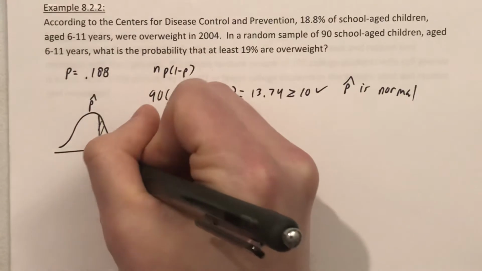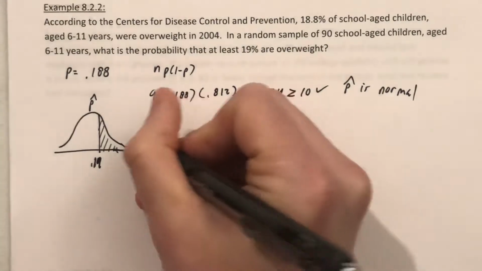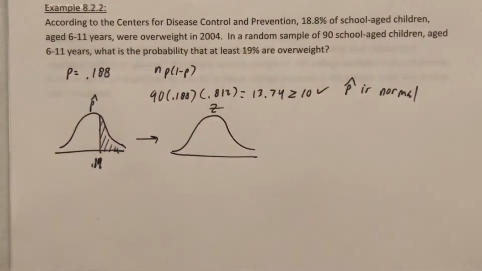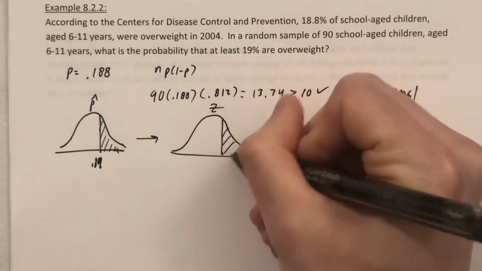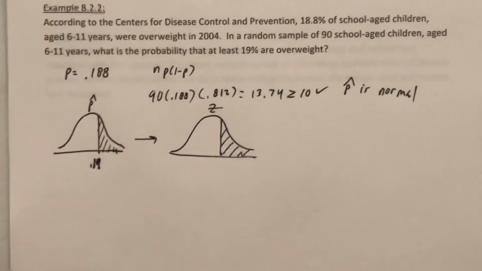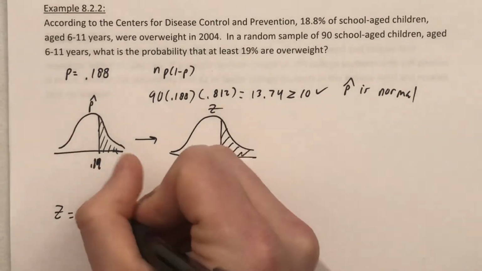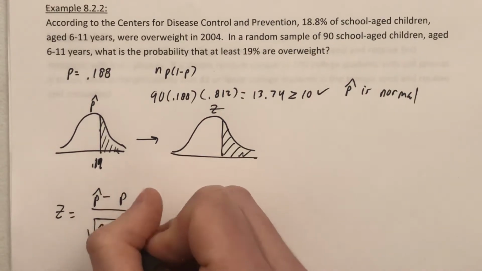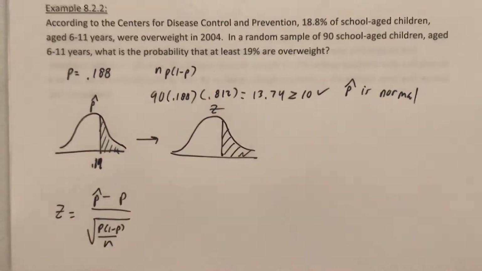So at least 19% will look like that, and now we can take that picture and convert it to z-score world. Same picture, and to find that value, we will use our new z-score formula of p hat minus p over the square root of p times 1 minus p over n.